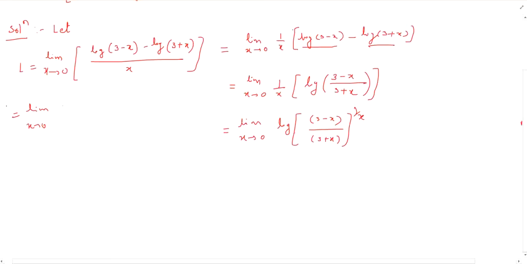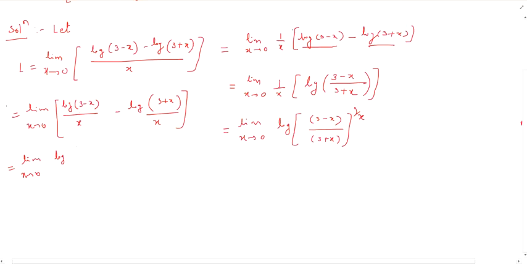As I have told you here, we can separate the terms: log of (3 minus x) by x minus log of (3 plus x) by x separately. Then is equal to limit x tends to 0, log of 3 minus x, this term first, we can write here 3 minus x upon x.